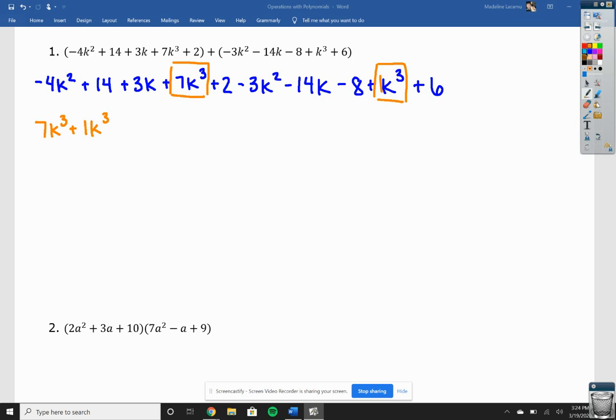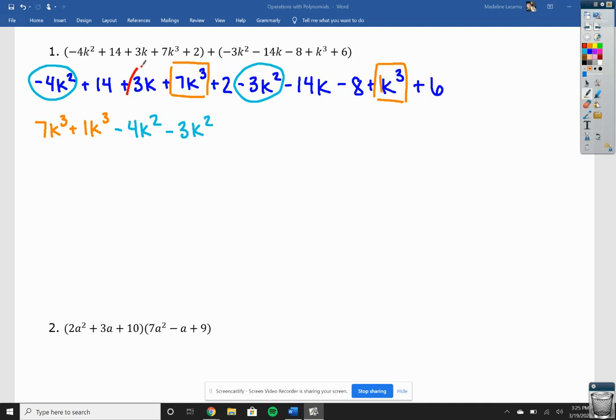Then I'm going to go to the next highest degree, which is the squareds. So I have negative 4k squared, negative 3k squared. That's all I see, so I'm going to write those next to each other. Negative 4k squared, negative 3k squared. Moving on, I look for just my k's.